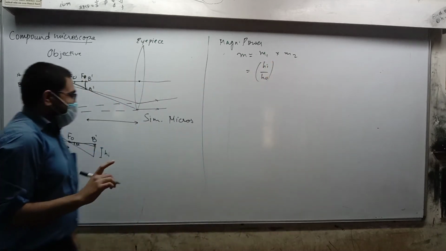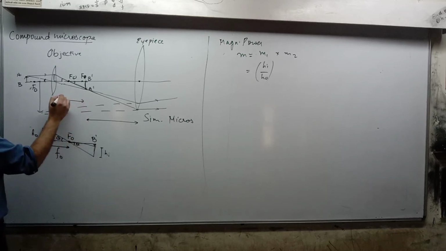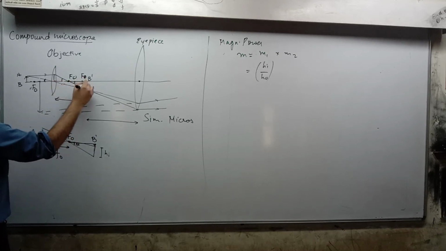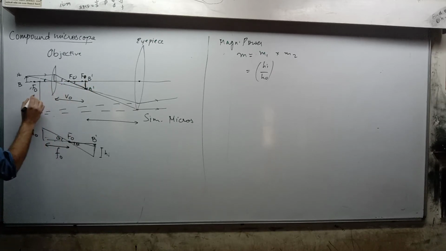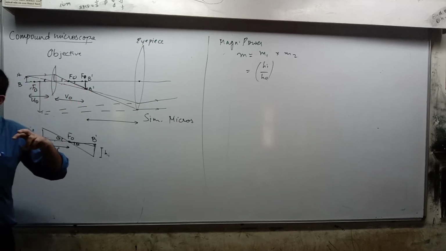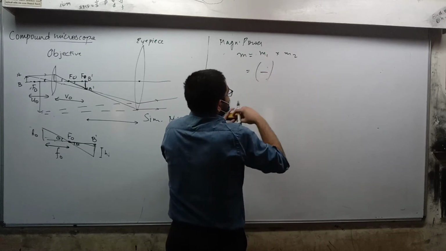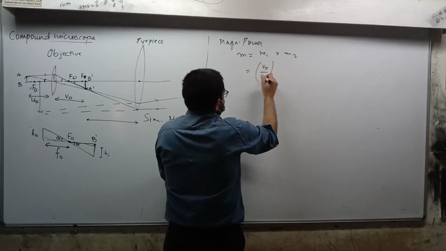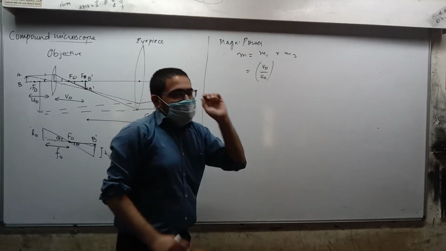That Hi by Ho you can also write as VO by UO, where VO is the distance between this image and this objective. VO means image distance for the objective, UO means object distance for the objective. So Hi by Ho is VO by UO. I agree this is magnifying power, there is no doubt about it.